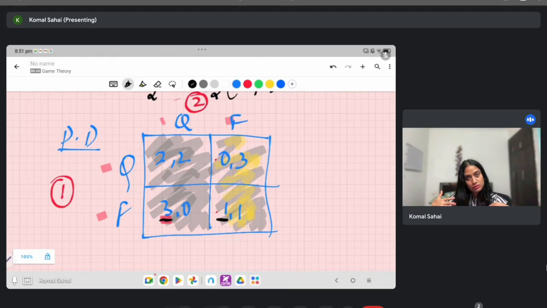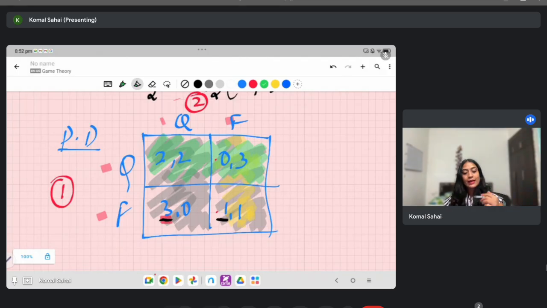अब कबीर खान की तरफ से सोच लिया, अब तुम्हें सोचना है वो क्या नाम है ऑस्ट्रेलियन प्लेयर की तरफ से. ठीक है, सो ऑस्ट्रेलियन प्लेयर की तरफ से तब तुम सोचोगे तो तुम्हें क्या देखना है भाई कि नाउ व्हेन प्लेयर 1 is choosing quiet, right, then इस वाले रो में हो तुम, and now you have to evaluate payoffs of player 2, which are the second numbers in every cell.